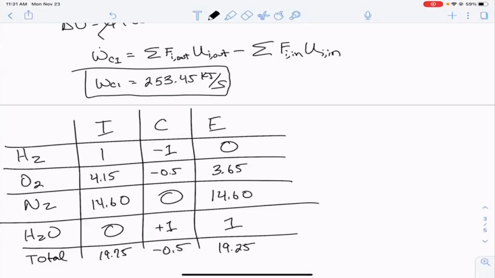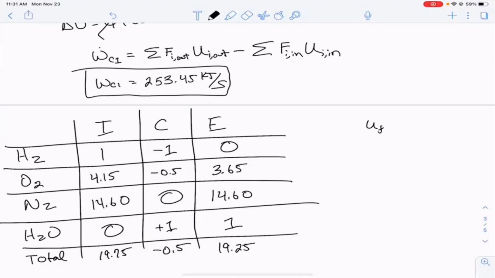Okay. And one of the things that I did in Excel was that I know, because of the energy balance, that there's no work, there's no heat being added, so the temperature is going to go up simply from the combustion.